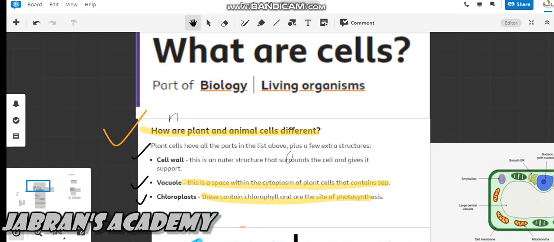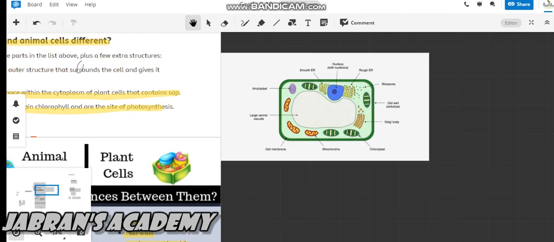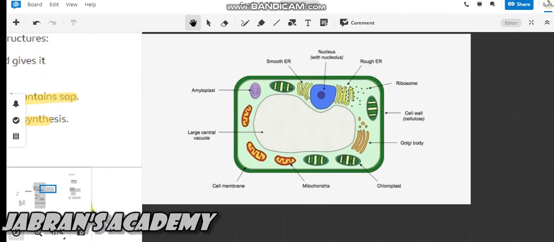First of all, the plant cells have all the parts in the list above plus a few extra structures. The main thing is the cell wall. The cell membrane is also present in the plant cell, but there is an extra thing called the cell wall. Looking at the structure of the plant cell, we can see this is the cell membrane.